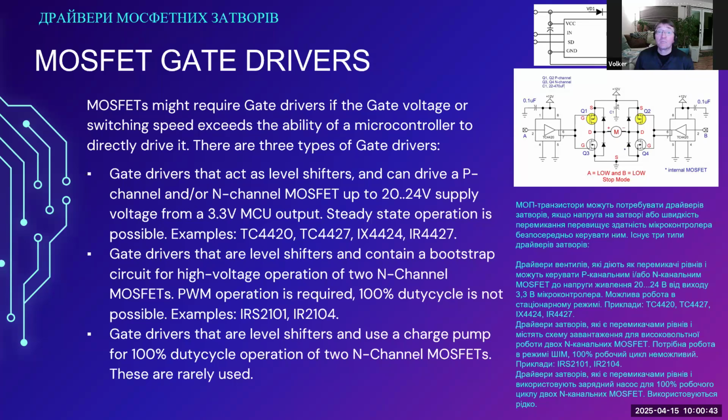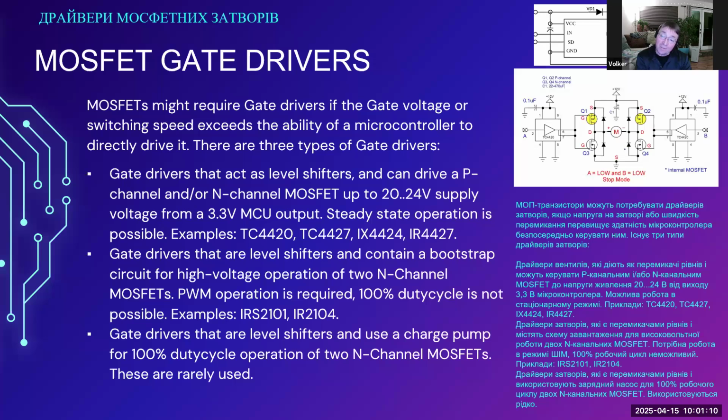Again, N-channel MOSFETs are generally preferred because they're cheaper and/or more powerful and/or have a lower gate capacitance. Somehow, in some way, N-channel MOSFETs always have a slight advantage over P-channel MOSFETs. So people like to use them. What you see there is a diode and a capacitor.